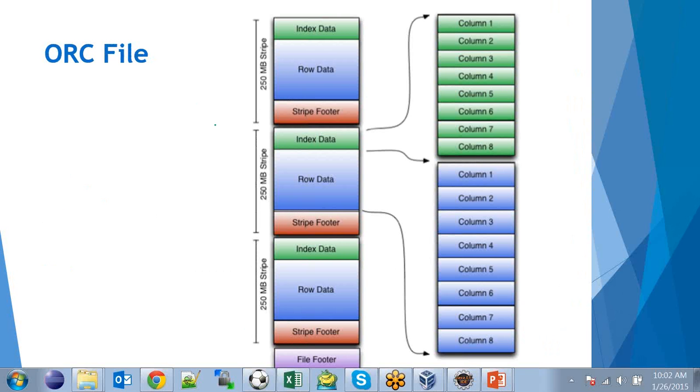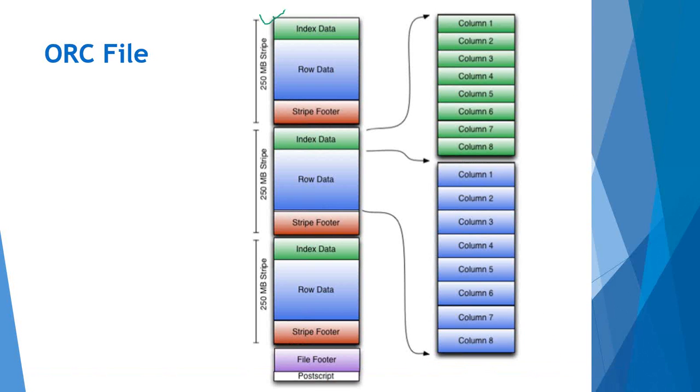So other than splitting your data in a column-based format, they also maintain other metadata with your data. They maintain the indexes with your data. These indexes contain the min and max values of different columns stored in this block. So if I'm storing the previous data where there was salary also, in the index I'll be maintaining the min and max salaries in this row data.